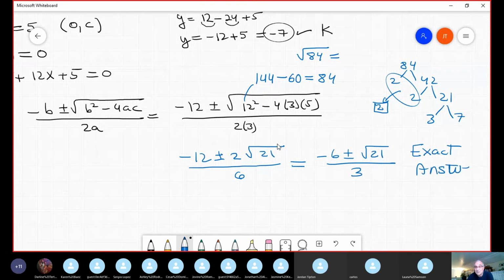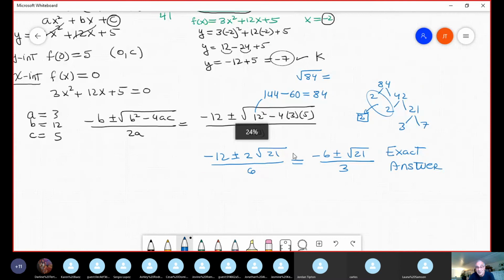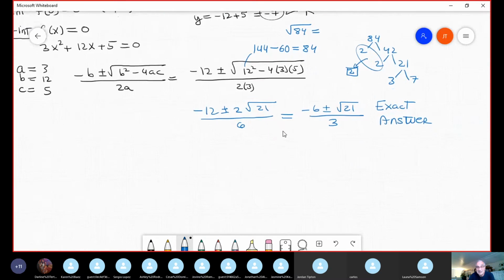But I don't like the exact answer, because to do the graph on paper I have no idea. Negative 6 plus radical 21 over 3, and negative 6 minus radical 21 over 3. Plus or minus, no?